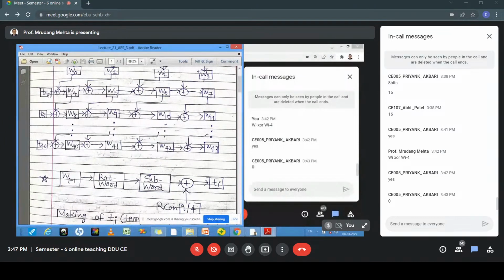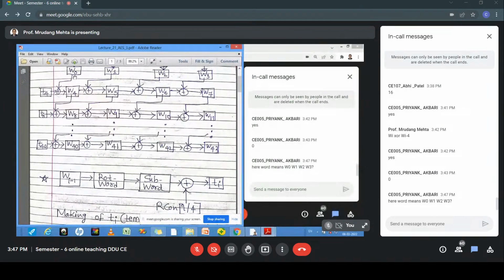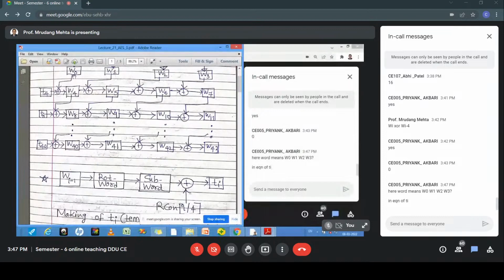So T4 XOR W0. Each W is a word. Initially we have W0 to W3, and from that we generate W4 to W7, W8 to W11, W40 to W43. And each row of 4 Ws indicates one key.